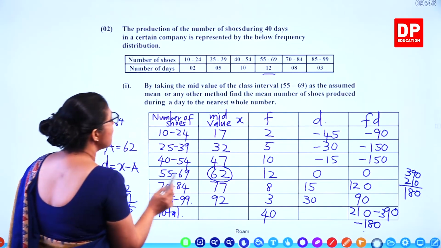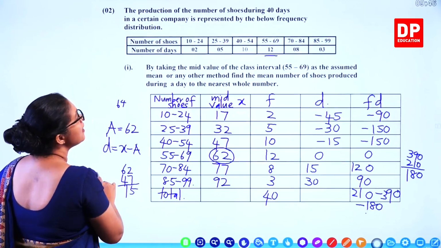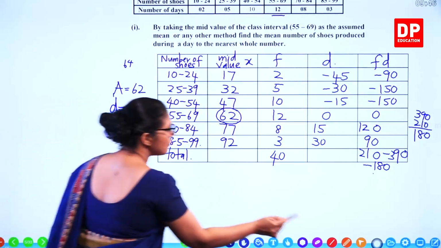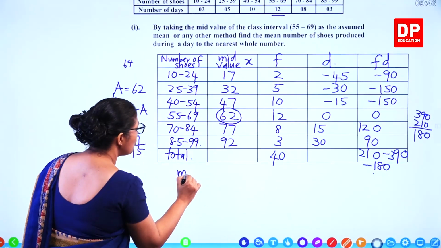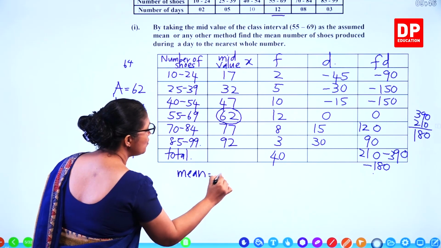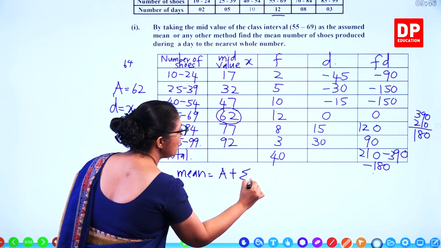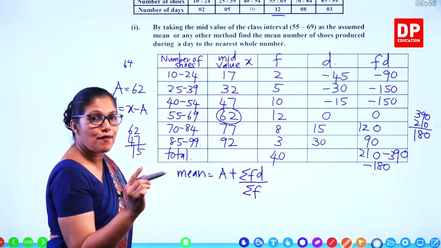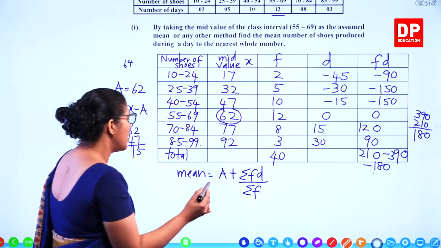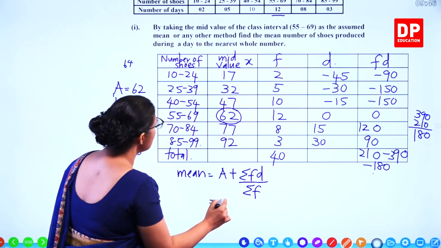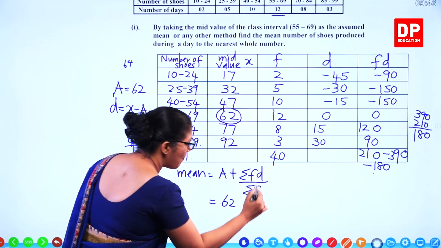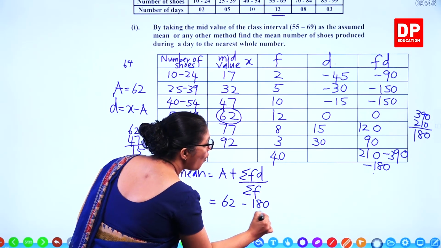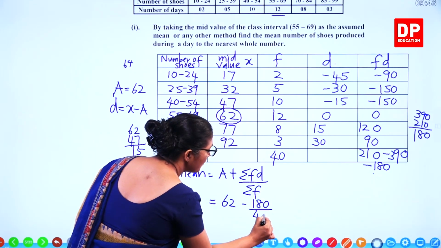So how can we find out the mean value? Mean is equal to assumed mean plus sigma FD over sigma F. Sigma means total number of FD over total number of F. Assumed mean is 62 and you get minus 180 over 40.